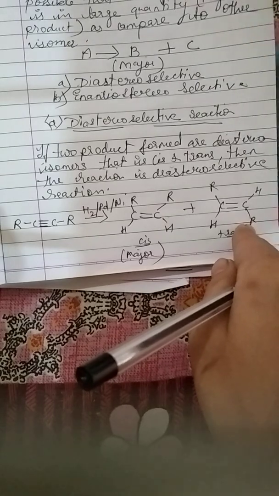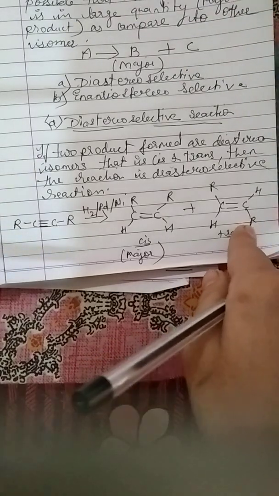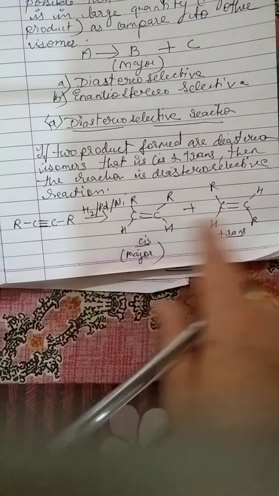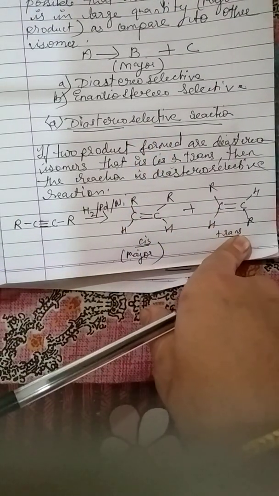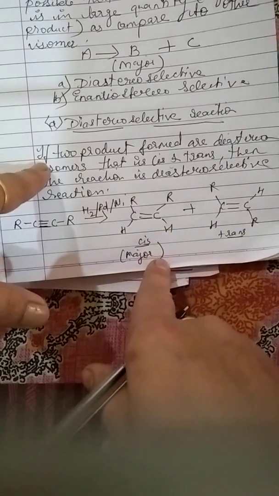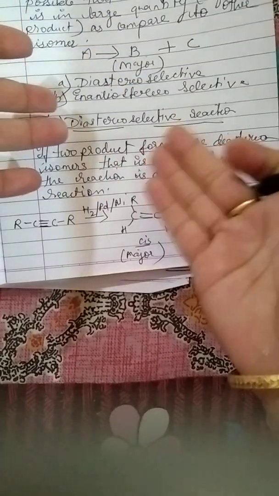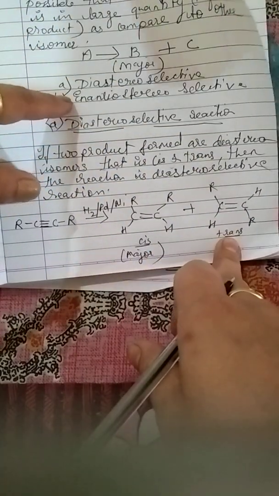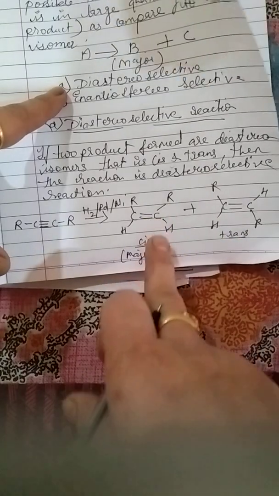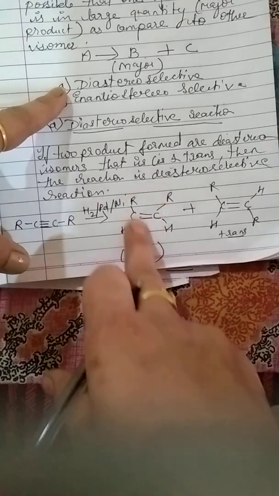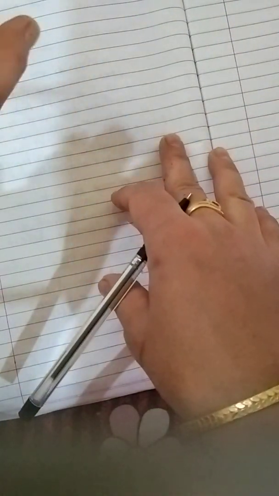Stereoselective means the products formed will be stereoisomers of each other, and selective means one of them is major. Diastereoselective means the products formed will both be diastereomers. Out of this, one will be major and one will be minor, and selection is made of the major one. So this is sufficient. This is one example.